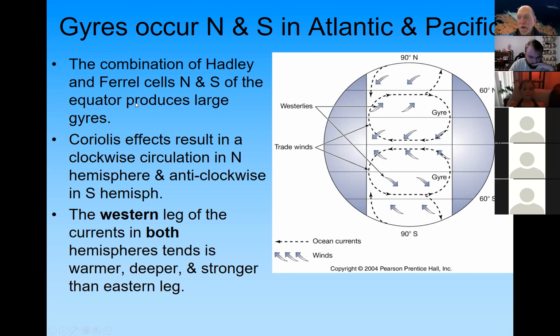The term western intensification refers to the fact that in the western regions of ocean basins, you tend to have these warm, deep, strong, northward-going currents, from low latitudes to high latitudes. And then the return currents tend to be broad and cold and less strong. Okay. So why does that occur?